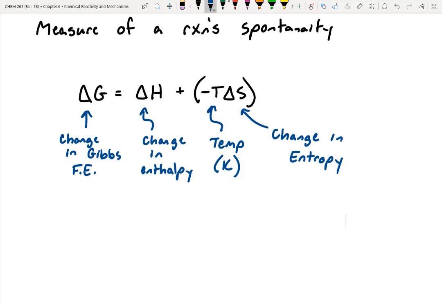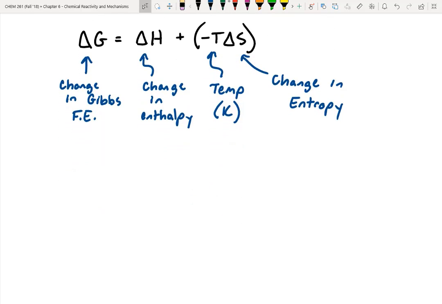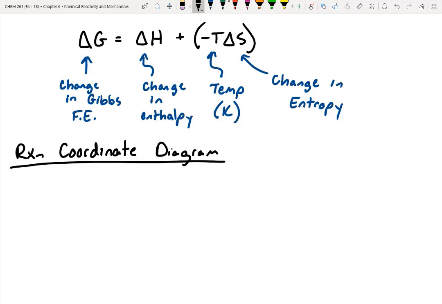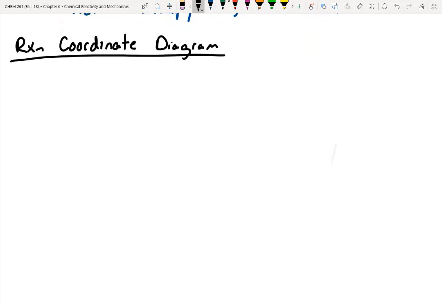All right, so let's take a look at how chemists like to represent this. And we like to show this using reaction coordinate diagrams. No, this is not a dice scale. This is essentially a free energy relationship, so showing potential energy for a reaction.